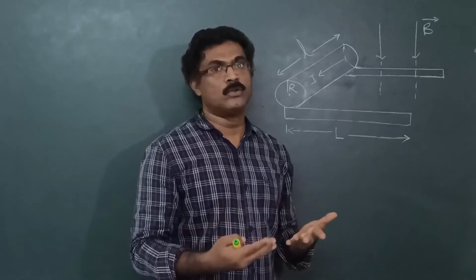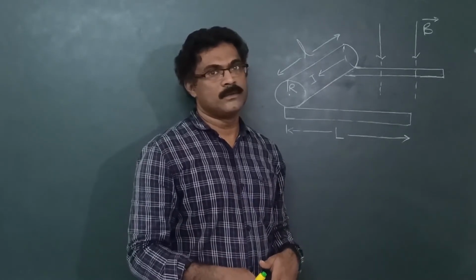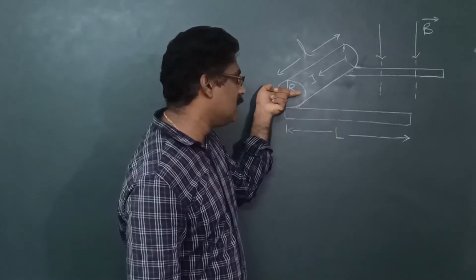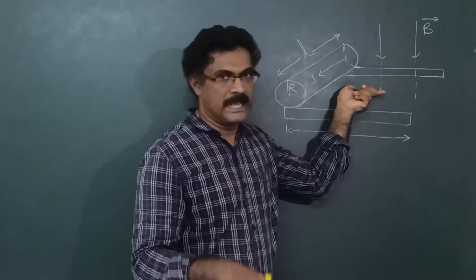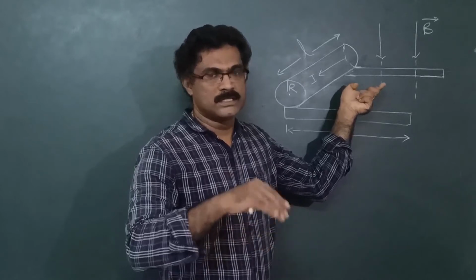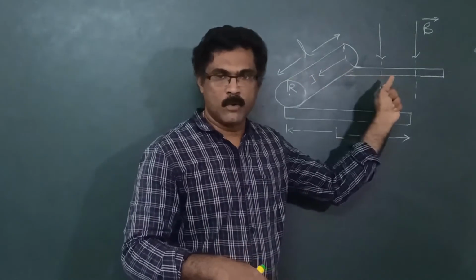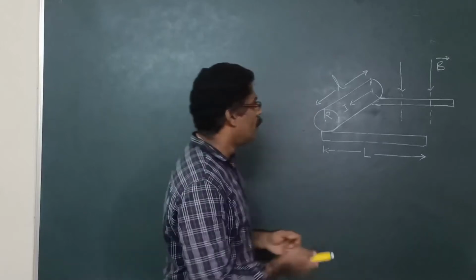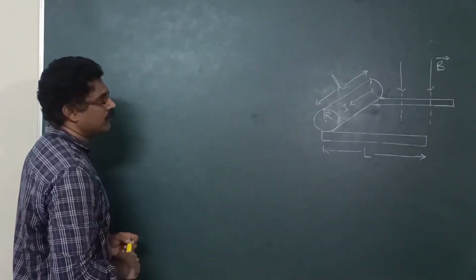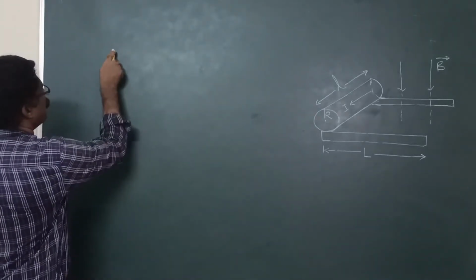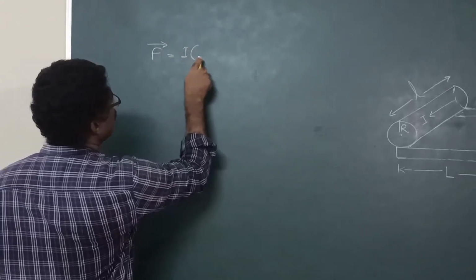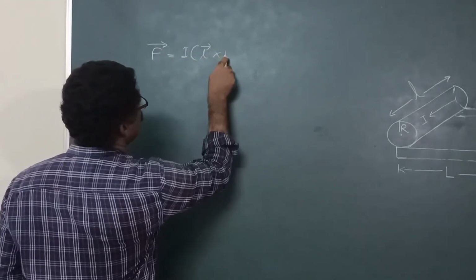Okay, so you have to find the force both in magnitude and direction. If the direction is in this direction, you can say that force is responsible for its motion. Okay, so find out that force. We know the equation for the force acting on a current carrying conductor as F is equal to I into L cross B.